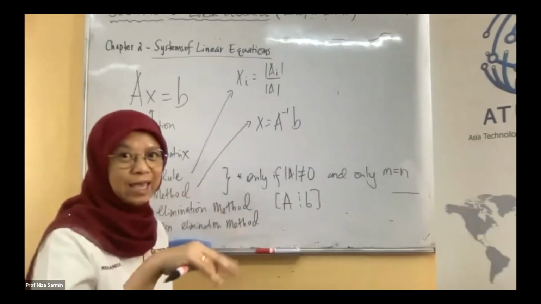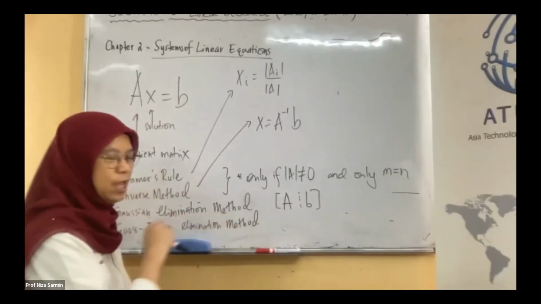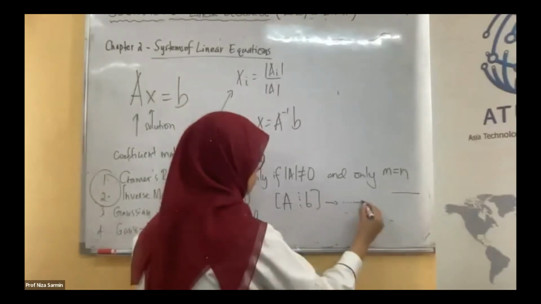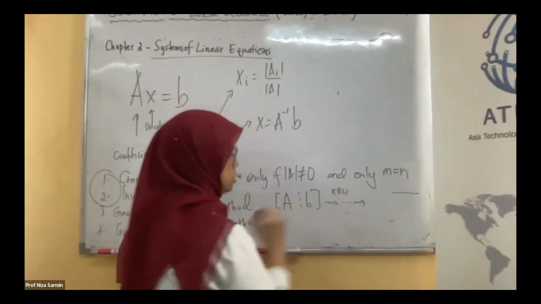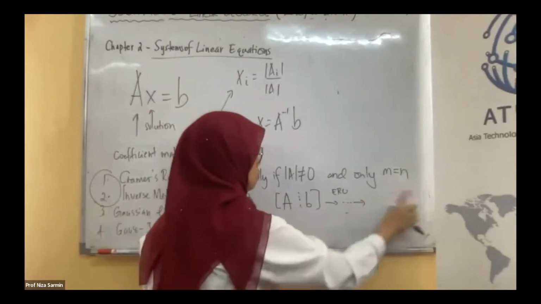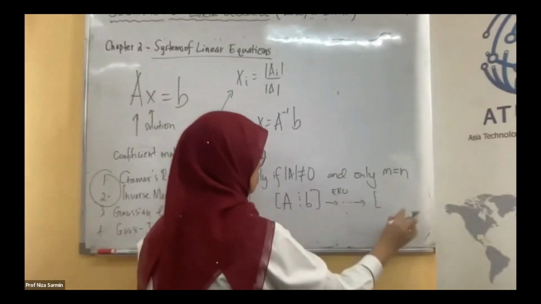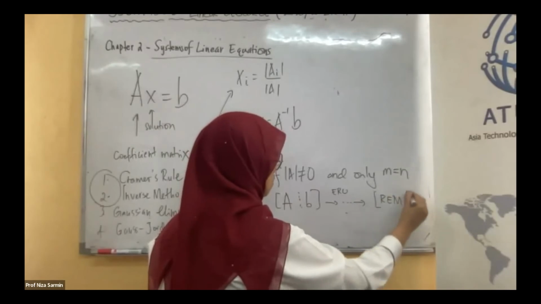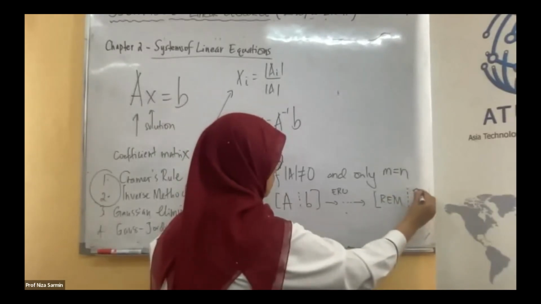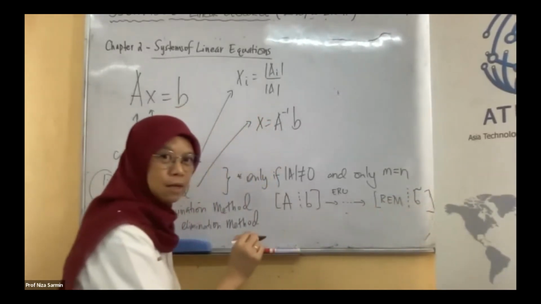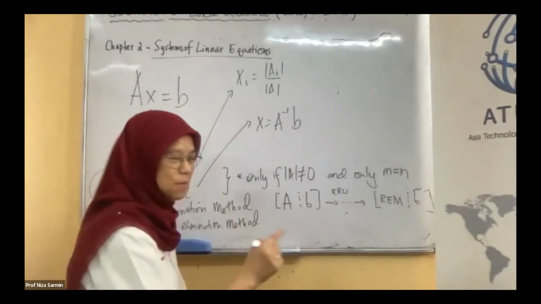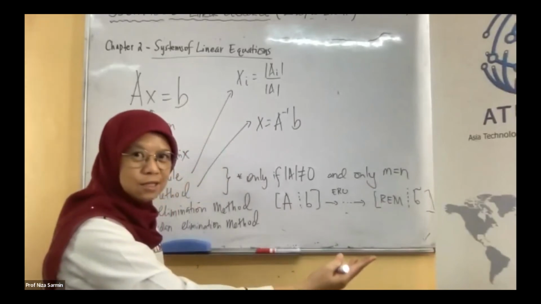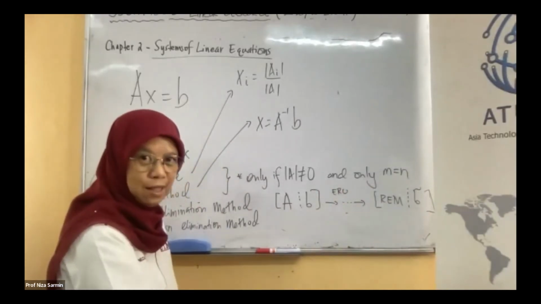Inverse to put I at the end, but this one you put A, you put B at the end, and then you row reduce under row operation, and then you will get REM, reduced echelon matrix, and then you will get another set of B at the end.